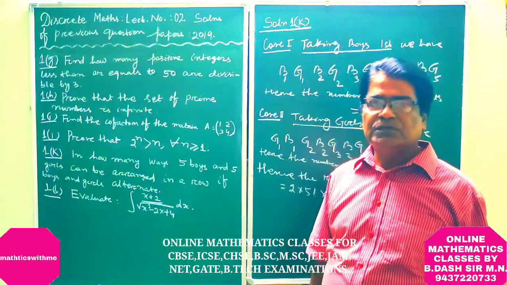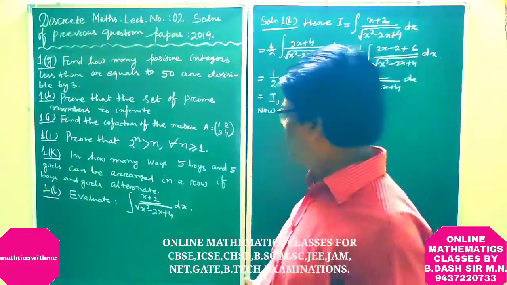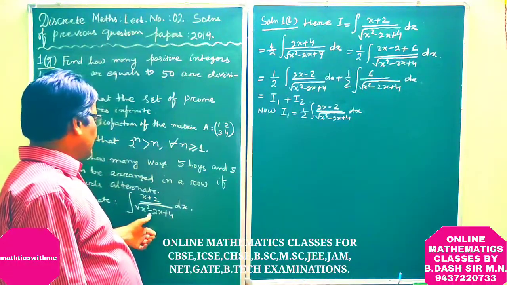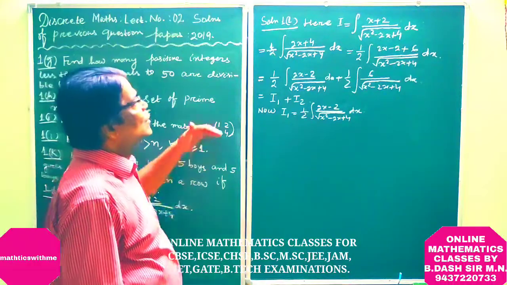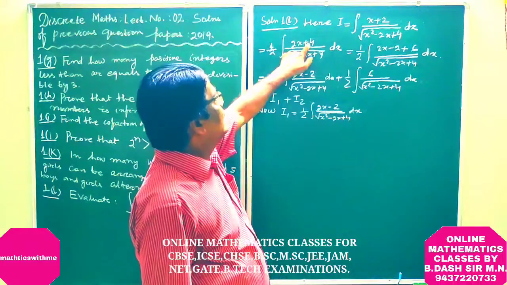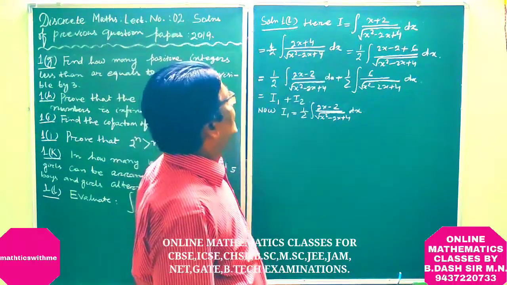Let us proceed to solve the question 1L. Our question is, we have to evaluate the integral of x plus 2 over root of x square minus 2x plus 4. So we can break this integral in this form. Let us multiply 2 to the numerator and denominator.